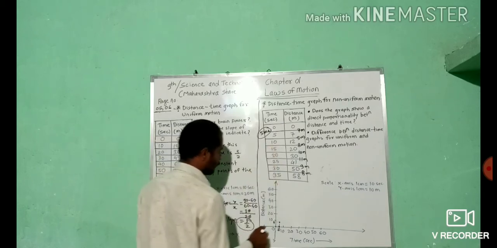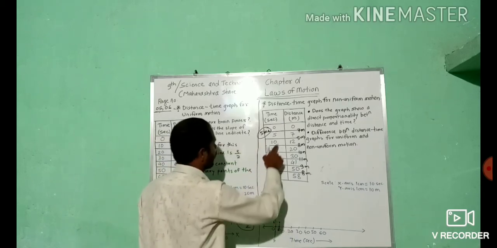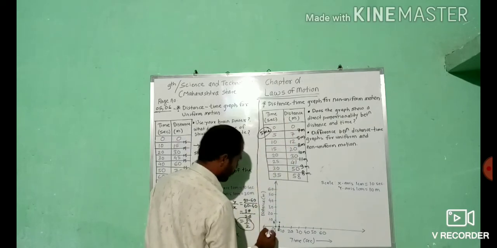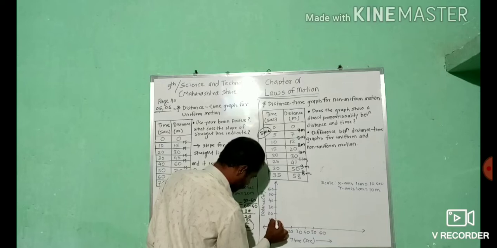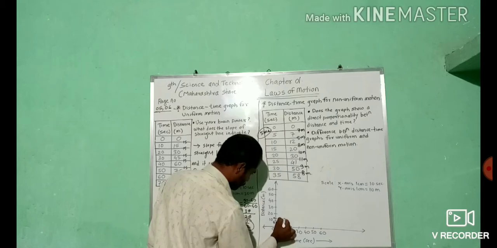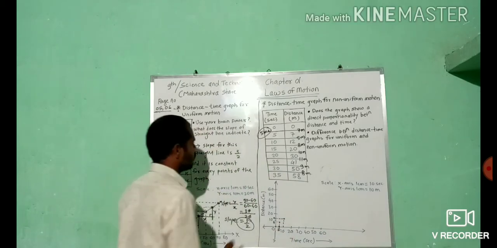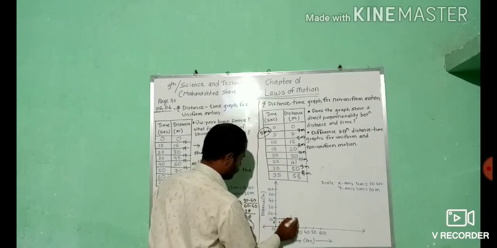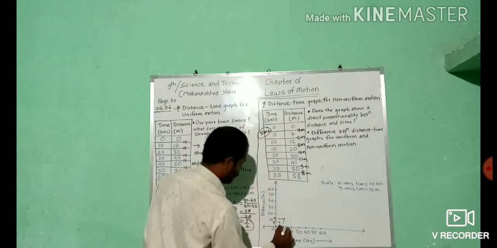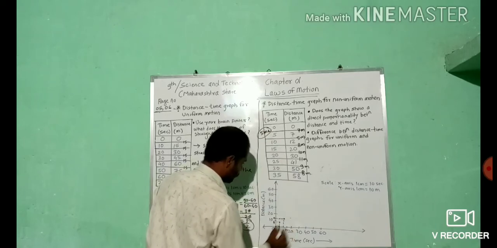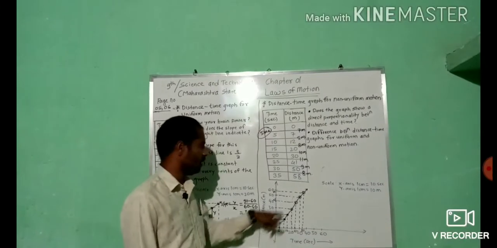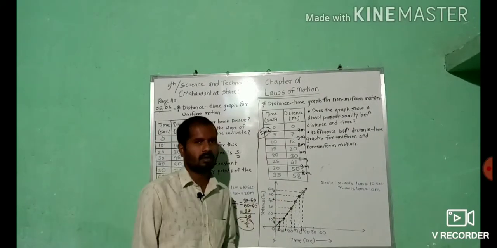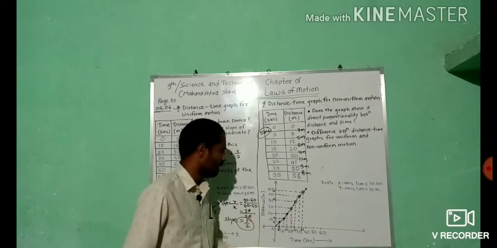Similarly for the third reading, the time is 10 seconds and the distance is 12. So 12 means here. Now for the fourth, 15 and 20. Sorry, 15 means here. Okay, so if you plot all the points and connect them with one line, you will get a line like this.